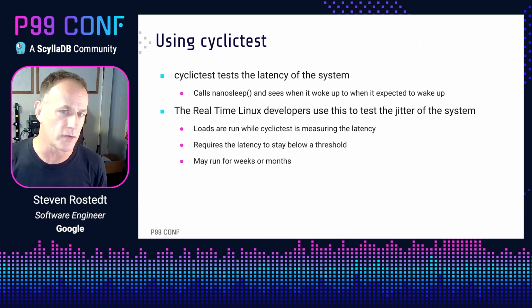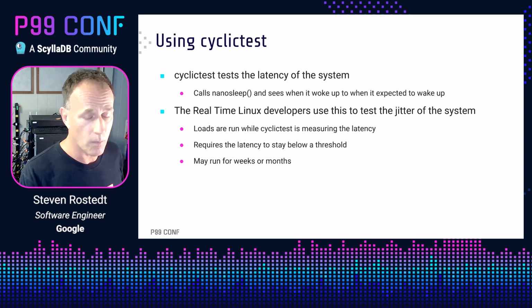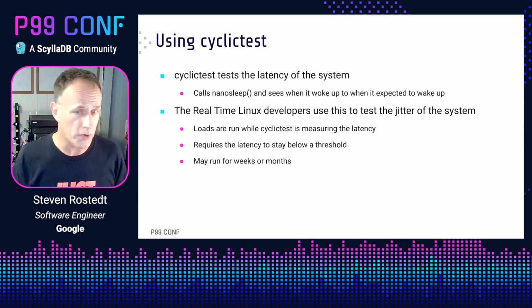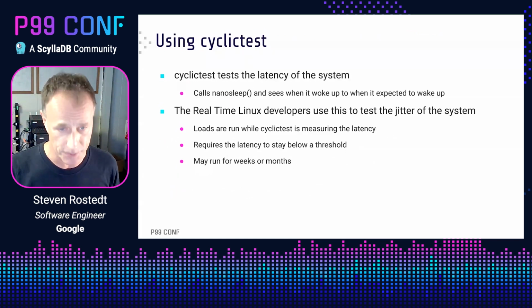The real-time Linux kernel developers use this utility all the time to figure out how well the real-time Linux kernel works. They'll run it under load to see how the load affects the latencies. They'll run it for weeks, if not months or years.